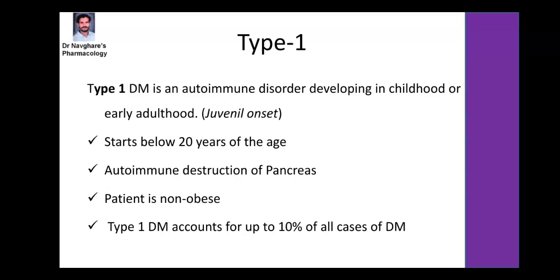Autoantibodies destroy pancreatic beta cells. In type 1, there is no necessity that the patient is always obese. The patient is non-obese. Type 1 diabetes mellitus accounts for up to 10% of worldwide diabetes mellitus patients.